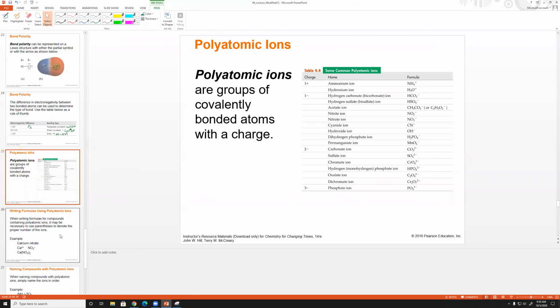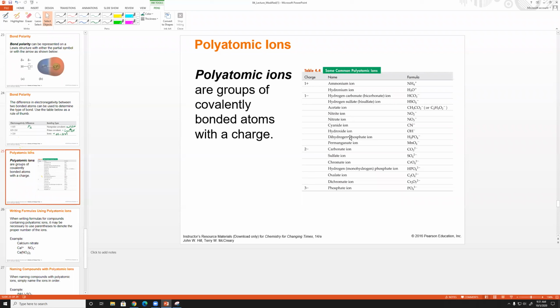Okay, so let's combine everything we learned so far. This isn't complicated. Trust me, it won't be that bad. Now, there's this thing called polyatomic ions, which, imagine if you had a covalently bonded complex of two or more atoms that are just covalently bonded together. But that covalently bonded complex itself has a charge.